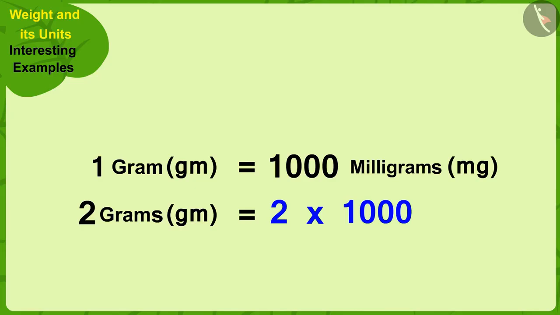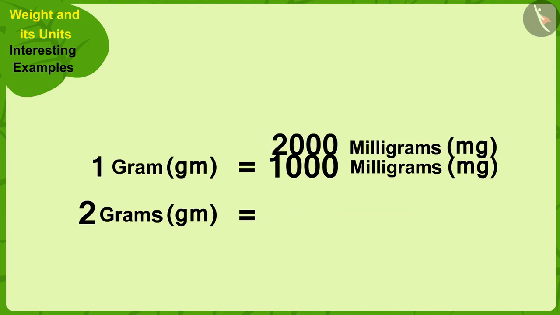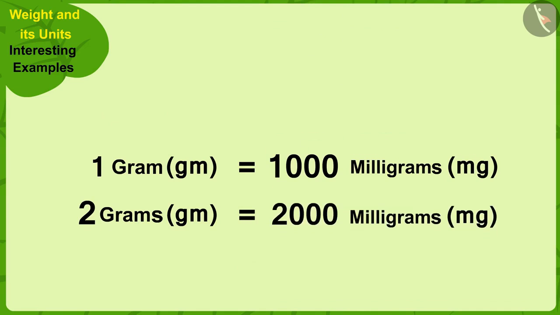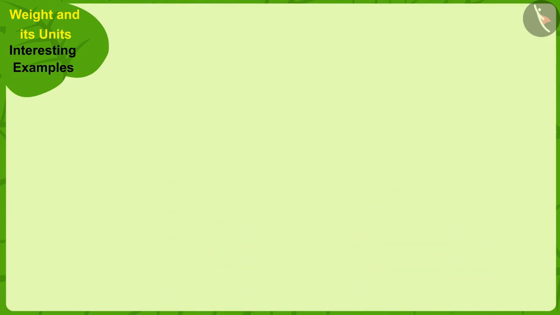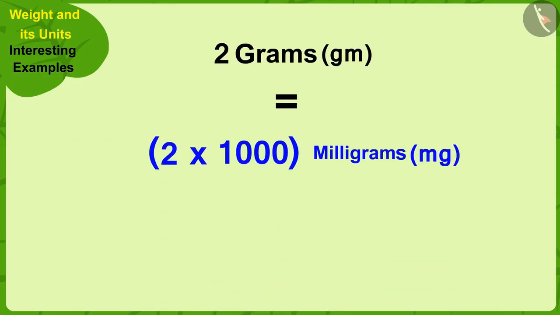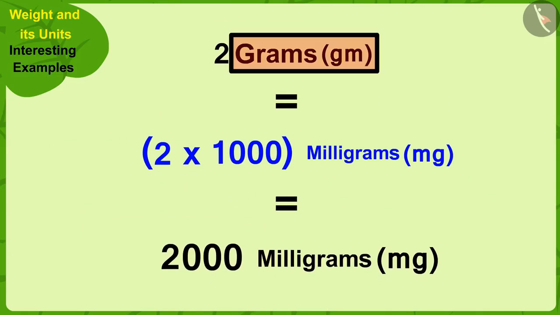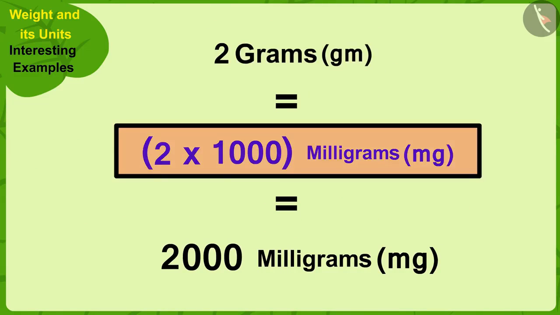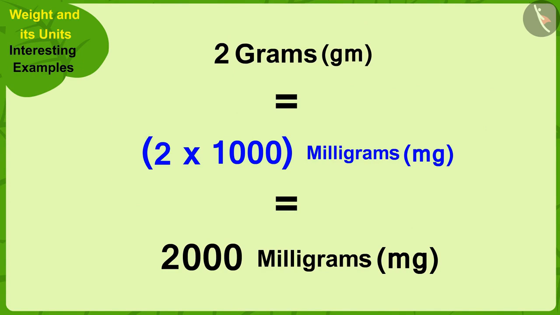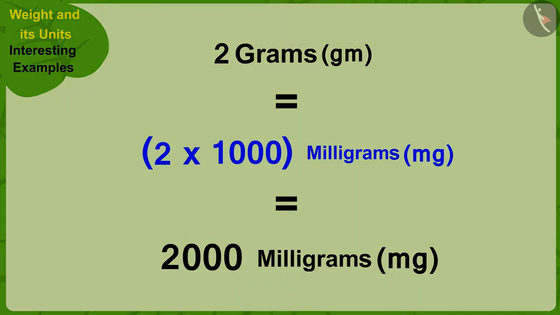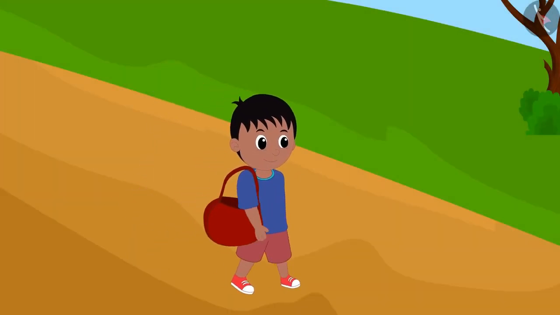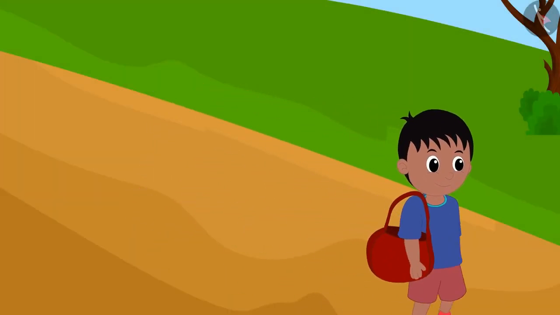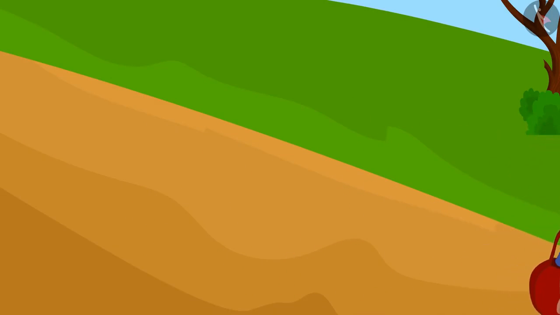In this way, 2 grams of saffron is equal to 2000 milligrams. Children, remember, whenever we have to express a larger unit in a smaller unit, then we will use the process of multiplication. Raju bought paneer and saffron from Appu and returned home.